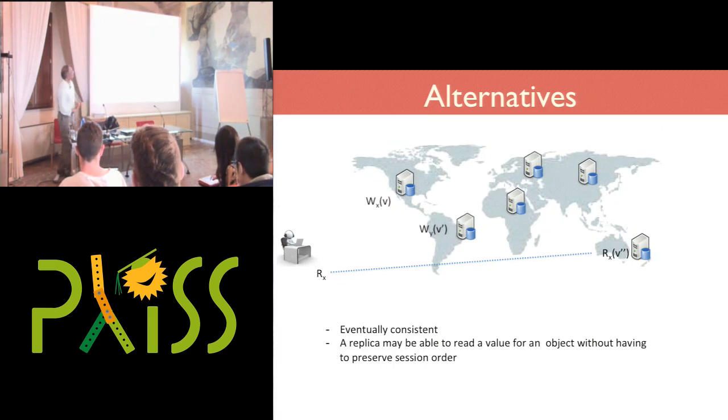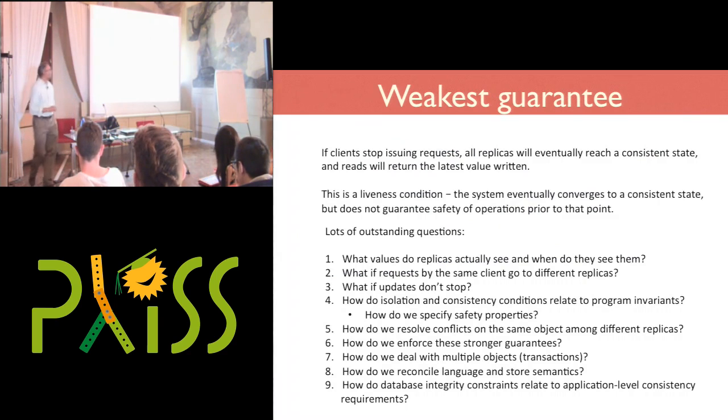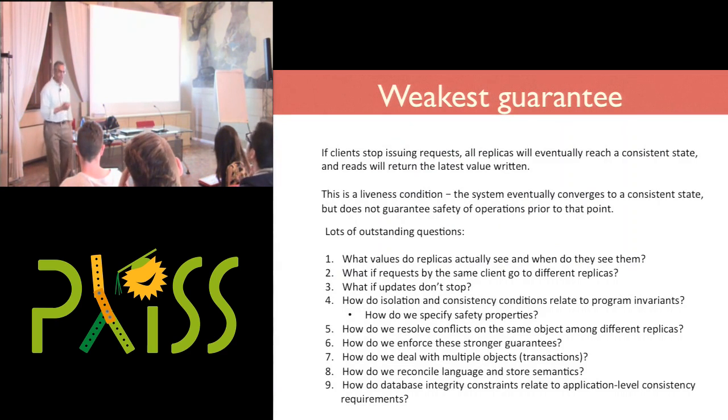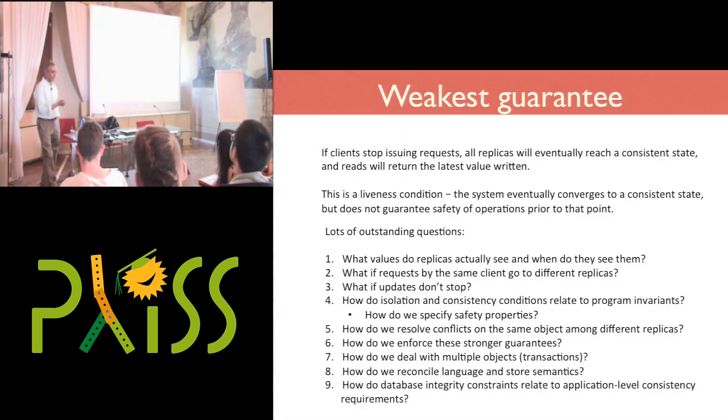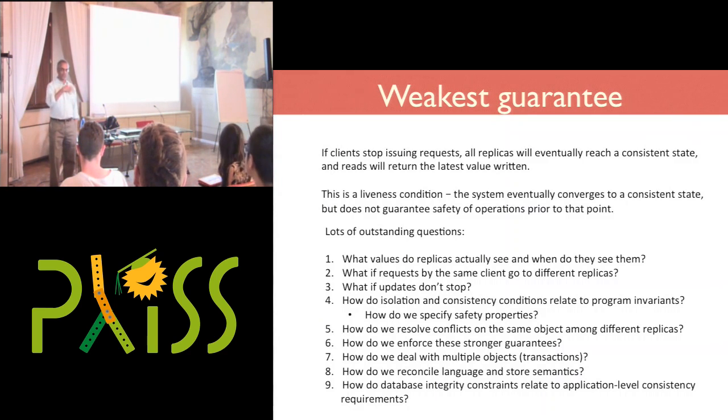Okay. So the weakest guarantee that we have in distributed systems is this notion of eventual consistency that says that as long as we allow an arbitrary amount of time, we can justify the value of everything that was written based on previous writes, right?